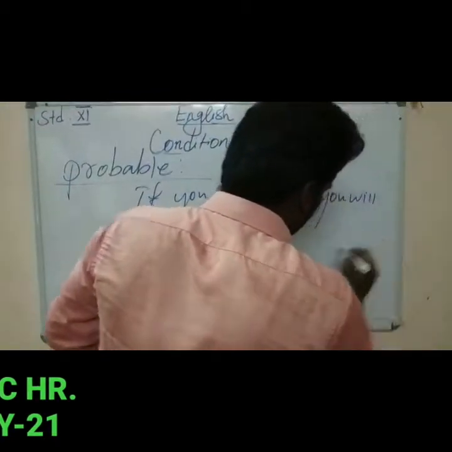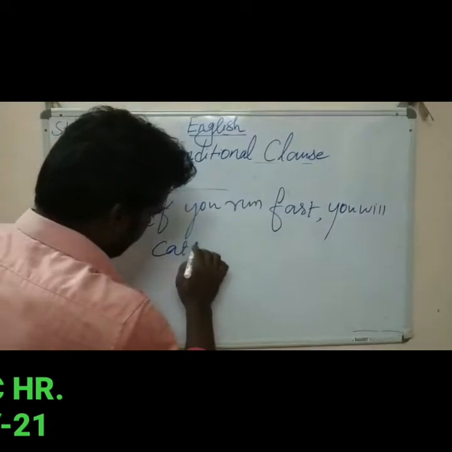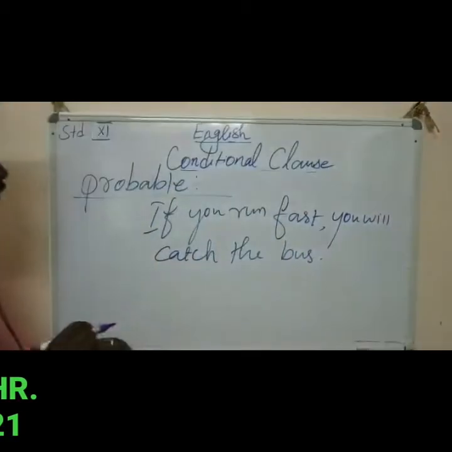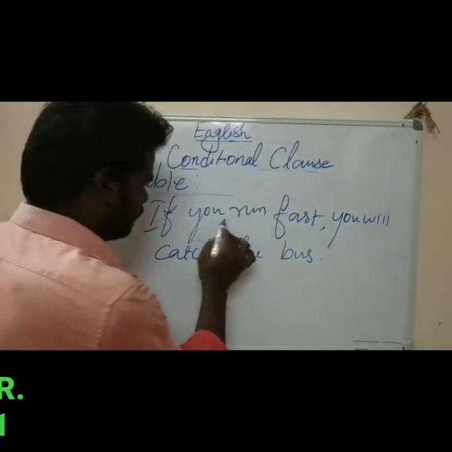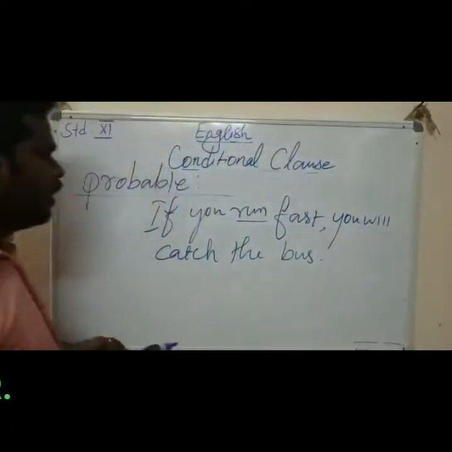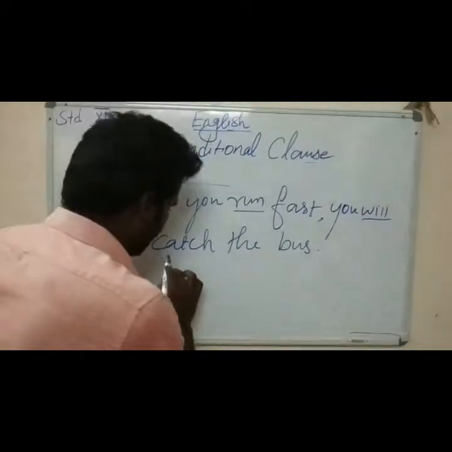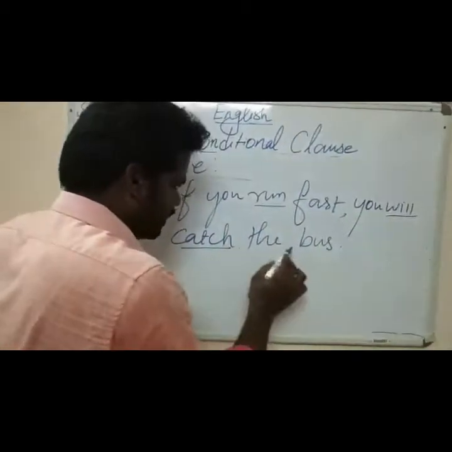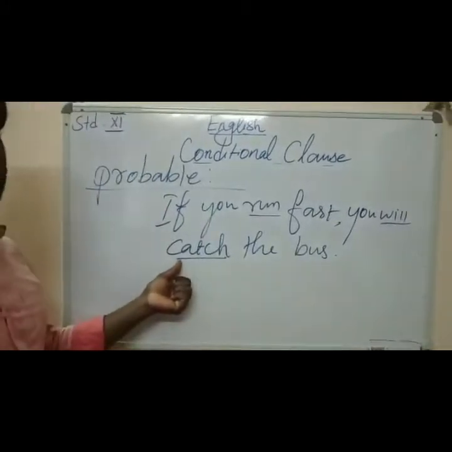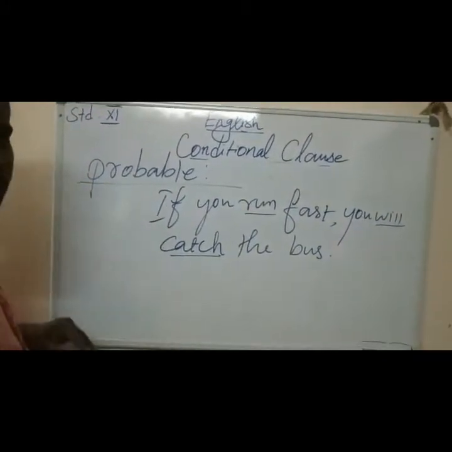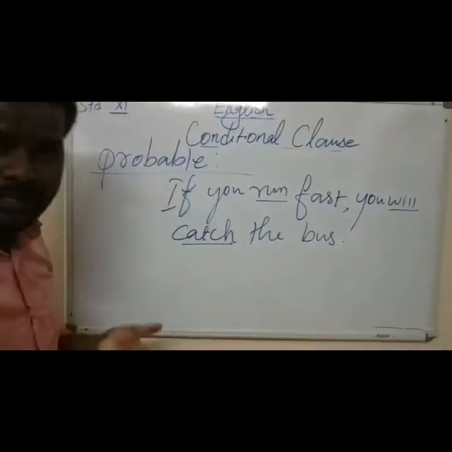In the condition, simple present, run, first form of verb. You will catch the bus. So will catch is simple future. This is the first type, probable, or a possible condition.